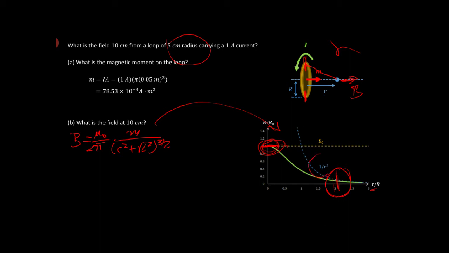We get really close to the 1 over r cubed, so probably 5 centimeters would be best, because here we're not near either of these two limits. That's where these two lines hit, where you can just pretend you have a physical dipole at a certain point and ignore the fact that the dipole is coming from the current loop.